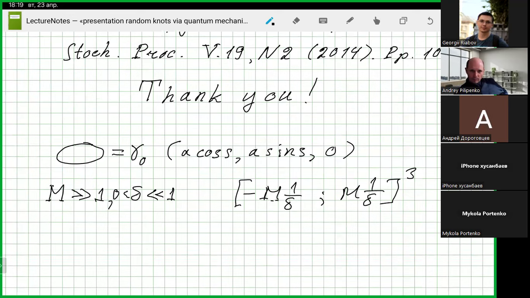Then in this cube we considered points like k over k delta plus, excuse me, minus m. This is minus this one. Andrey, my question was not about the numerical scheme, but about the true density.